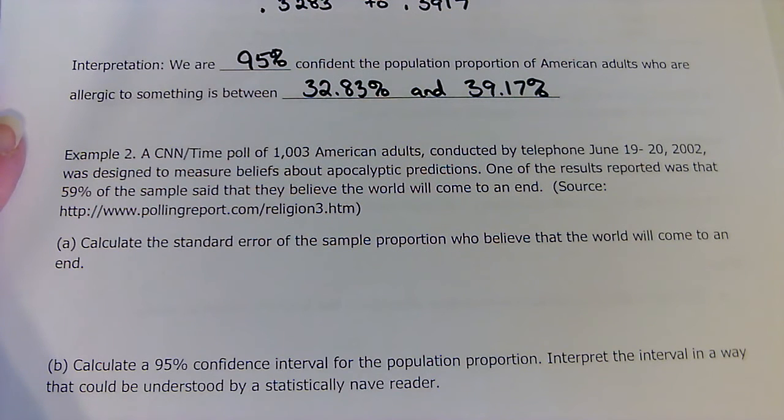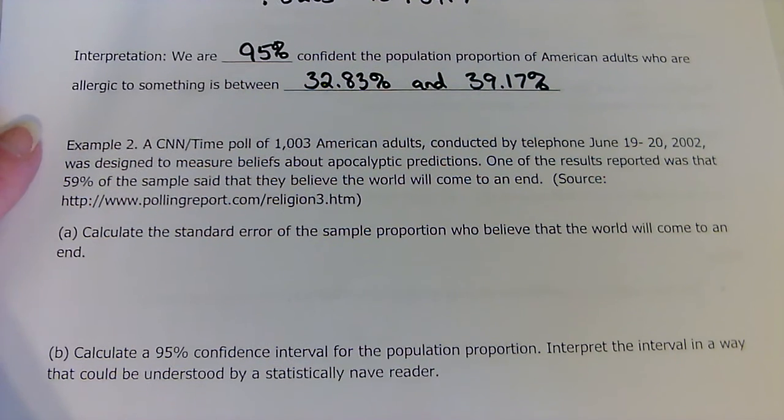A CNN Time poll of 1,003 American adults conducted by telephone from June 19th to the 20th of 2002 was designed to measure beliefs about apocalyptic predictions. One of the results reported was that 59% of the sample said that they believe the world will come to an end.